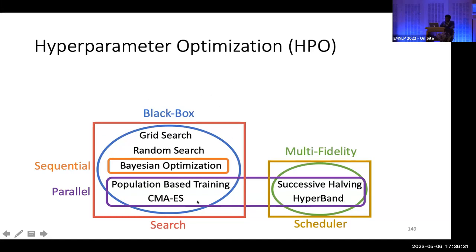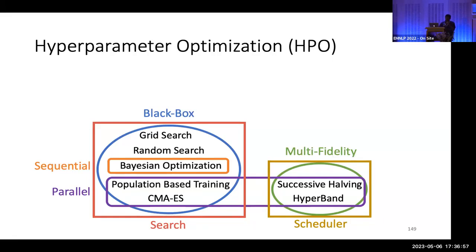Now, on one side, you have what's called black box methods. These are methods that train to completion, and you don't really care what's inside that black box. You just want to evaluate the performance at the end. But this can be expensive. So the multi-fidelity methods peer into this black box and ask, can we stop training runs early?